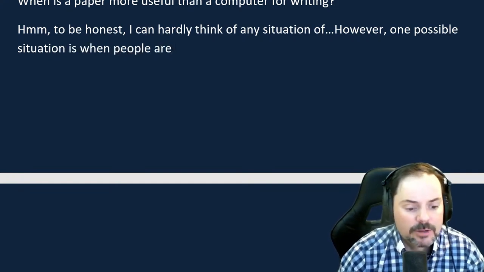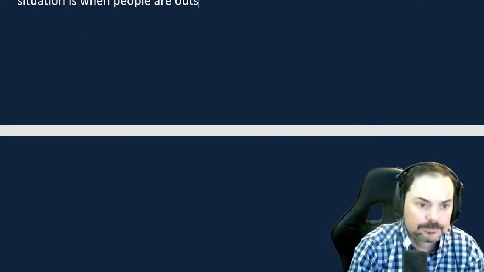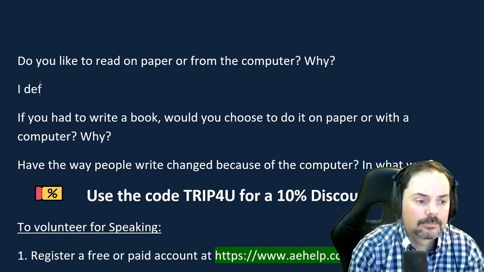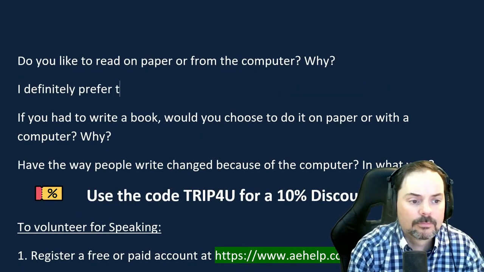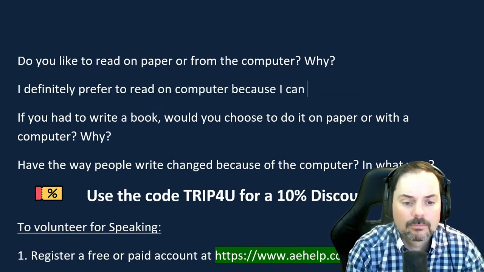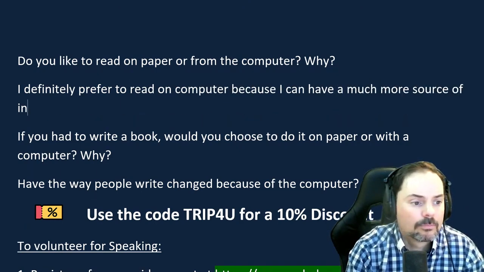Do you like to read on paper or from the computer? I definitely prefer to read on computer because I can have much more sources of information just on my computer compared to a stack of papers, which is very cumbersome and it's bad for the environment as well.